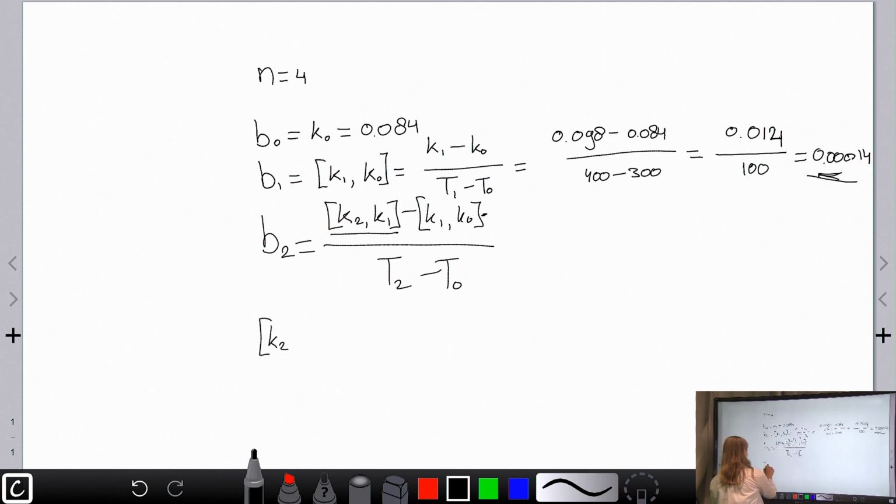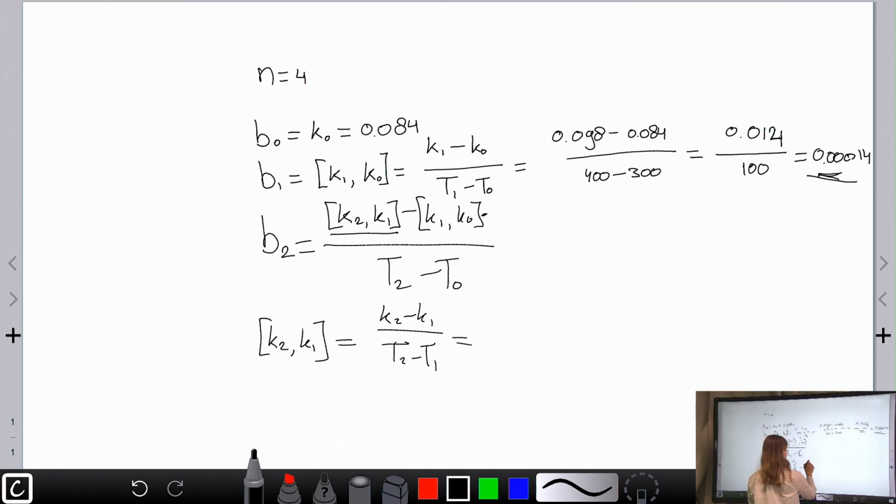So K2 and K1, the finite divided difference is going to be given by this expression. And again, we can plug in the values for K2 and K1.